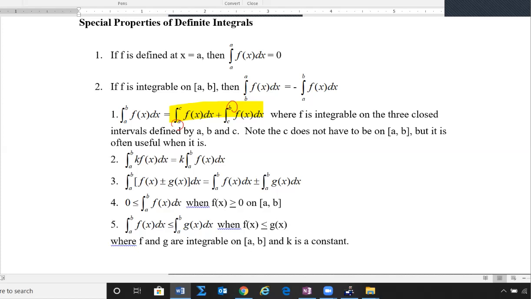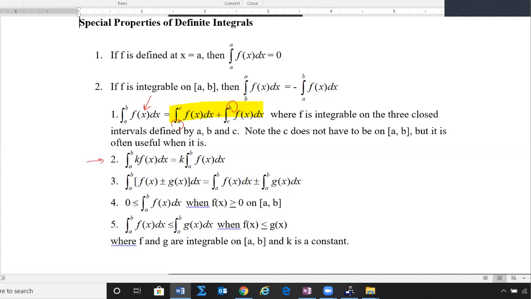Normally you would do this if you wanted to break a function into 2 pieces, possibly because 1 piece is easier to integrate than 2 together. But it turns out that c can be any number. It doesn't have to be between a and b, although that's probably one of the more useful interpretations here. Next one.